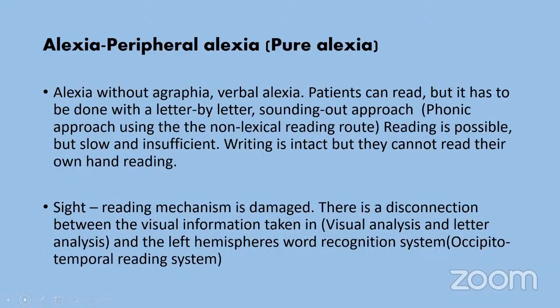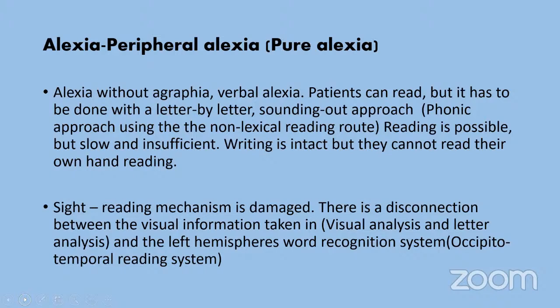So, peripheral Alexia, pure Alexia is what? Here, there is difficulty in reading without a difficulty in writing, Alexia without agraphia. So patients can read, but it has to be done with a letter by letter, sounding out approach, the phonic approach using the non-lexical reading route. Reading is still possible, but it is slow and insufficient.